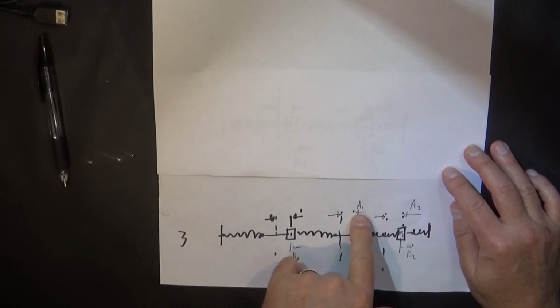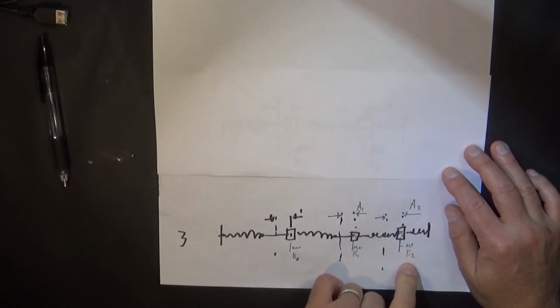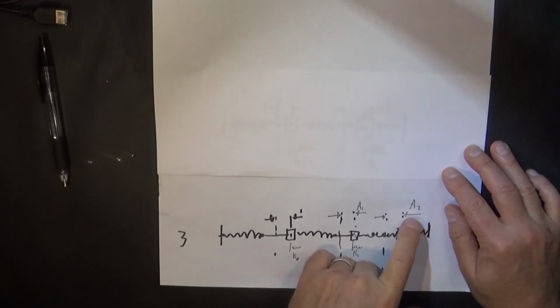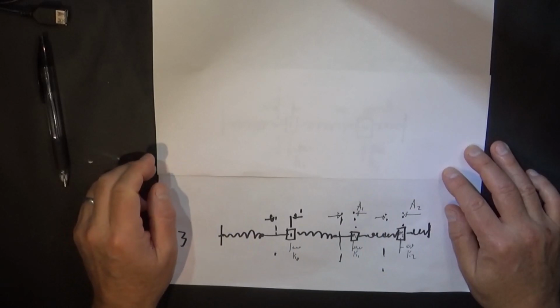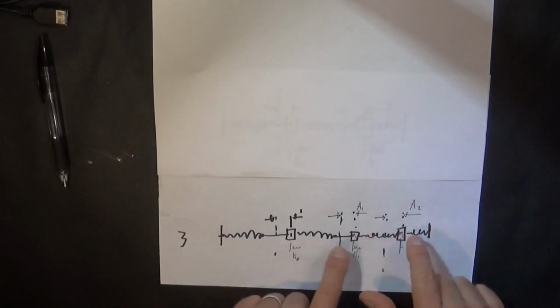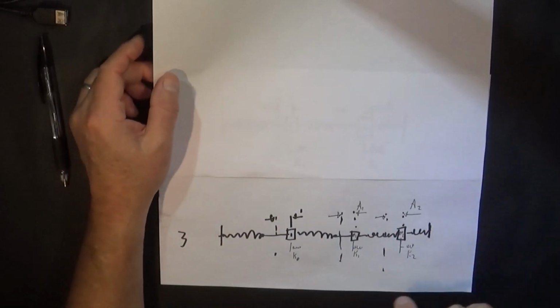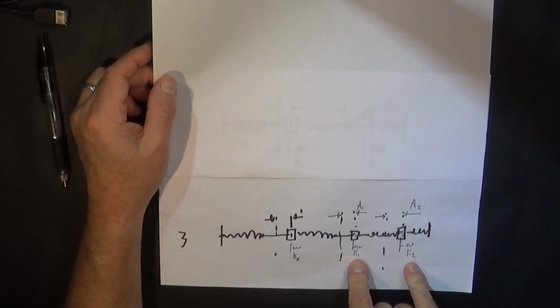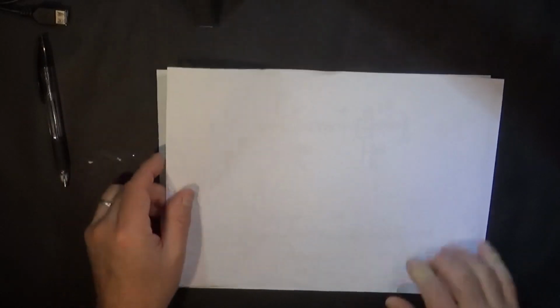K1 for mass 1, and its displacement is A1. K2 for mass 2, and its displacement is A2. So we can write force equations, and from those get our effective spring constants, K values.